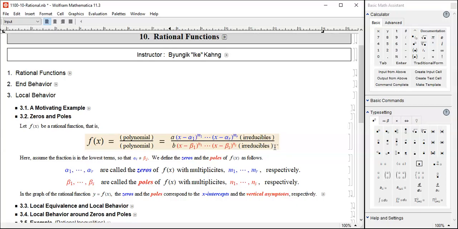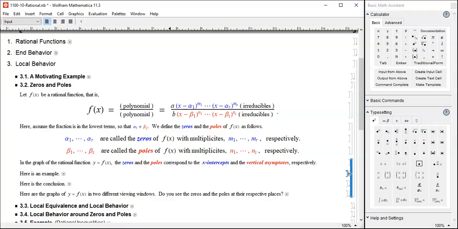And likewise, you can get poles from the denominator, beta 1 through beta s, with multiplicities n1 through ns. And the poles are represented as vertical asymptotes. You see, pole is a kind of like column, isn't it? That's kind of like a stick that stands, so it kind of looks like vertical asymptotes.